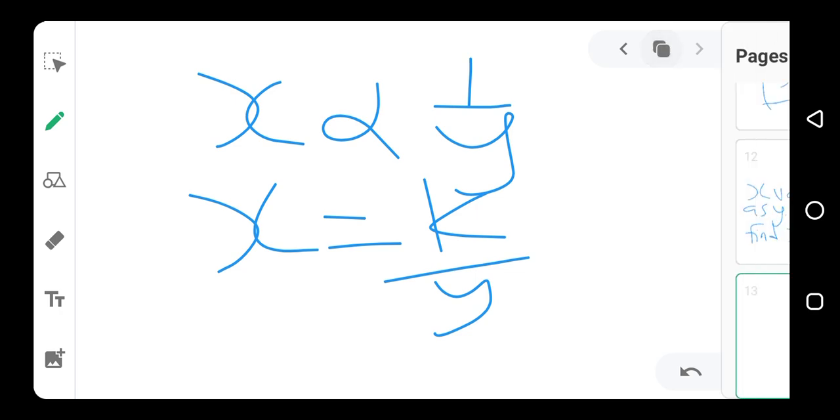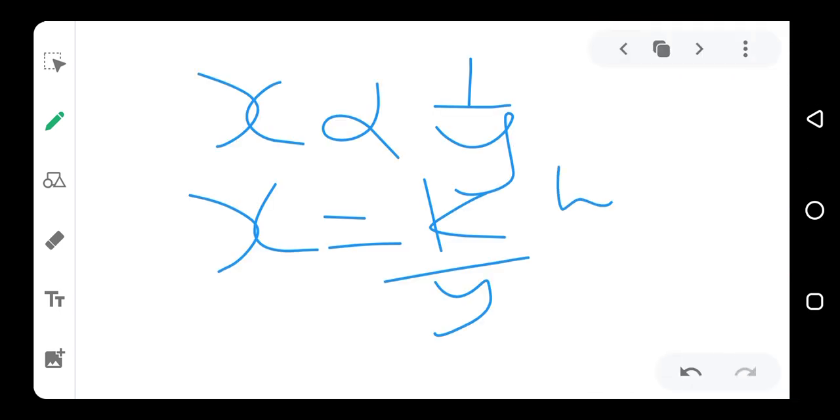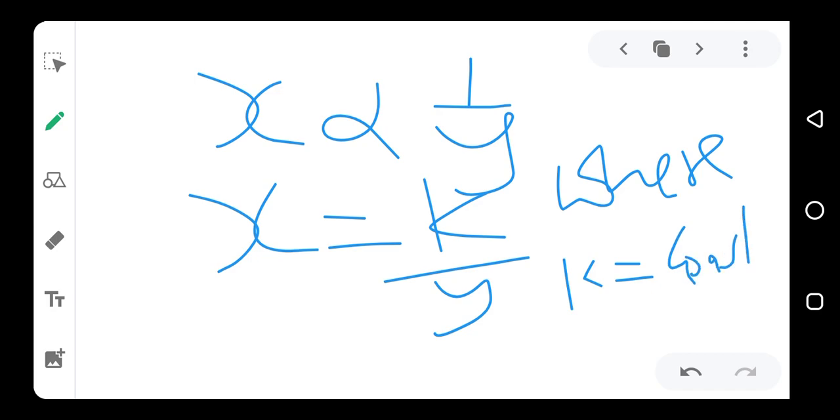Then you now say where k equal to constant. You must state it. Now you make k the subject.